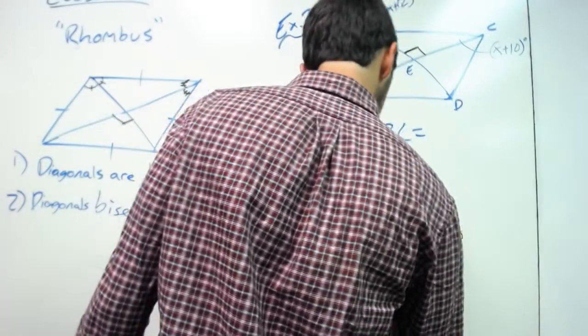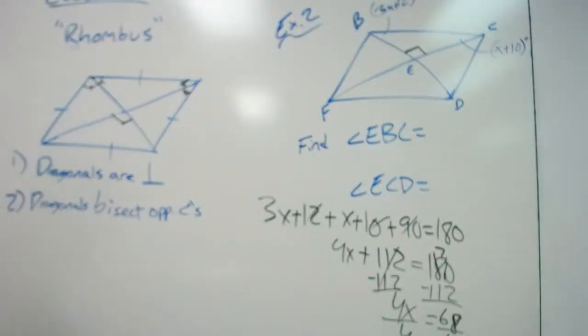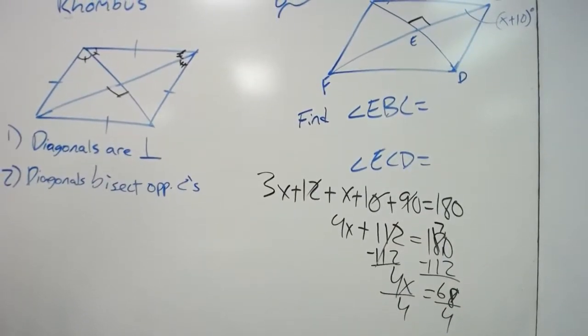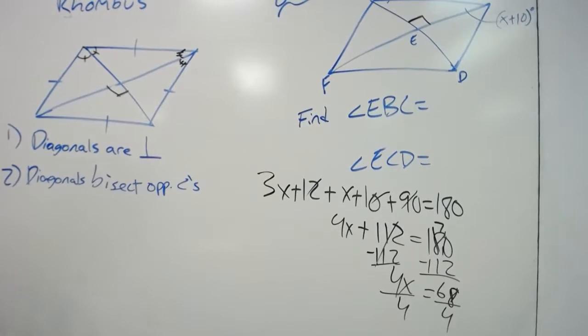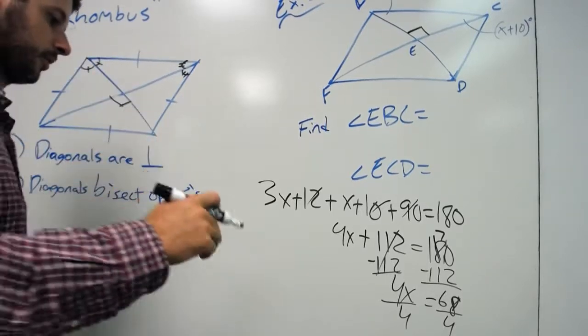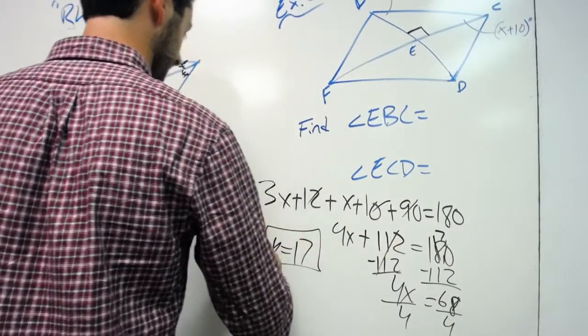Divide by 4. Let me make sure that's right. 3x plus 12, 112. Okay. And then 68 divided by 4 is 17. So x equals 17. Sorry, I had a brain lapse there. X equals 17.